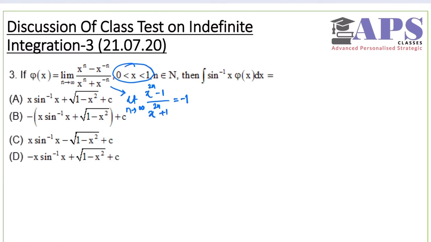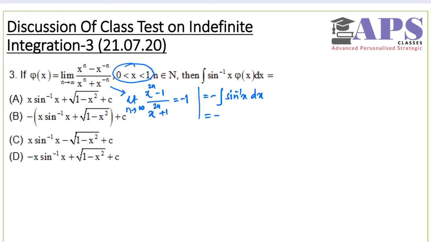Now we have to do the integration part. So in integration, now it will become minus integration of sine inverse x dx, because our phi x is minus 1. So this can be done easily by using integration by parts. So minus of, I can do integration by parts directly, or I can substitute x equal to sine theta.